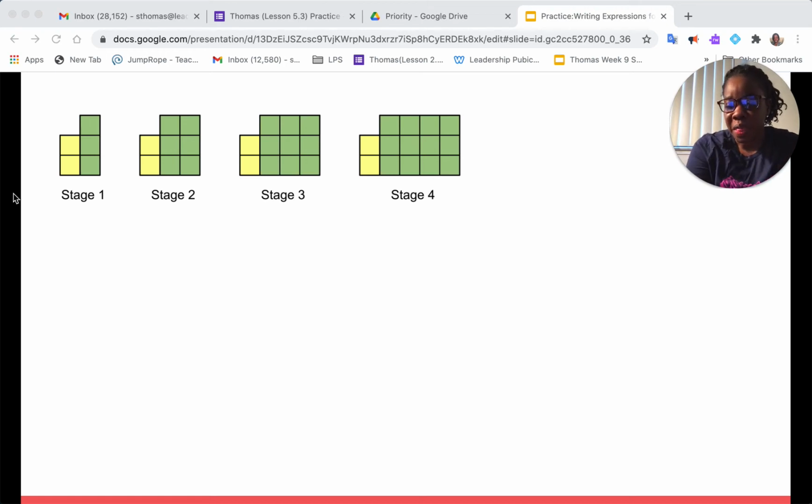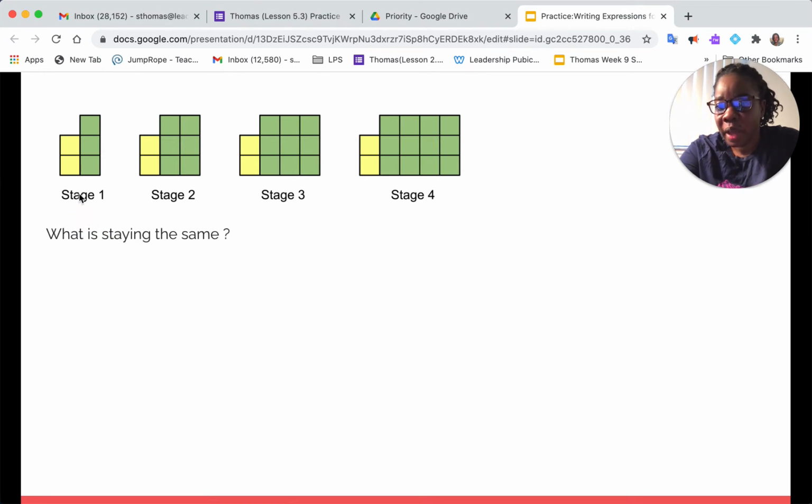All right, so when I think about this visual pattern here, this is my approach in how I would go about answering the question. When I look at the pattern, this has colors, so it's helpful. So I'm like, okay, what is staying the same? And when I look at the pattern, I notice that this yellow region happens to be the same in all the stages.